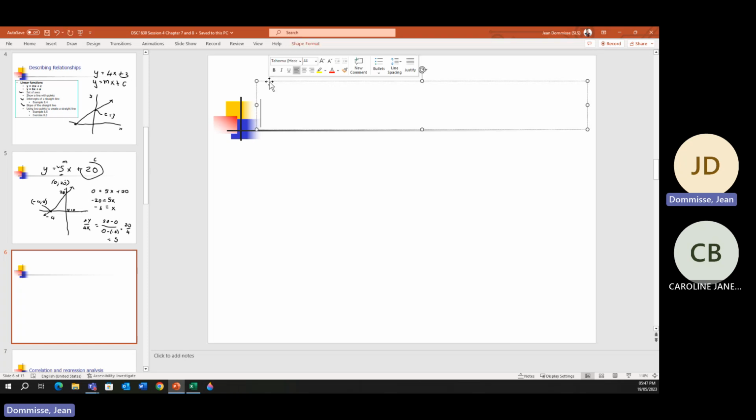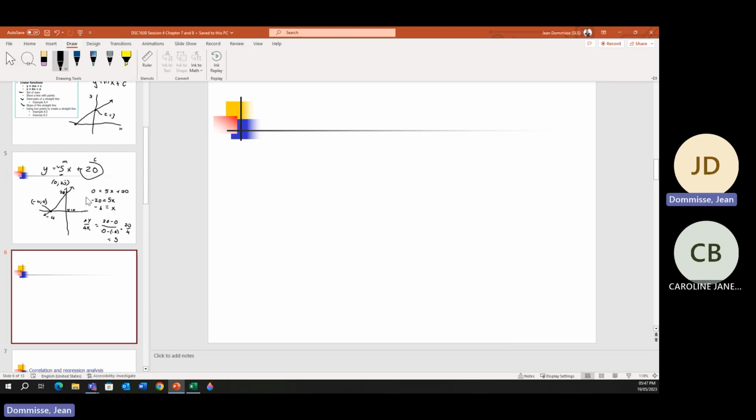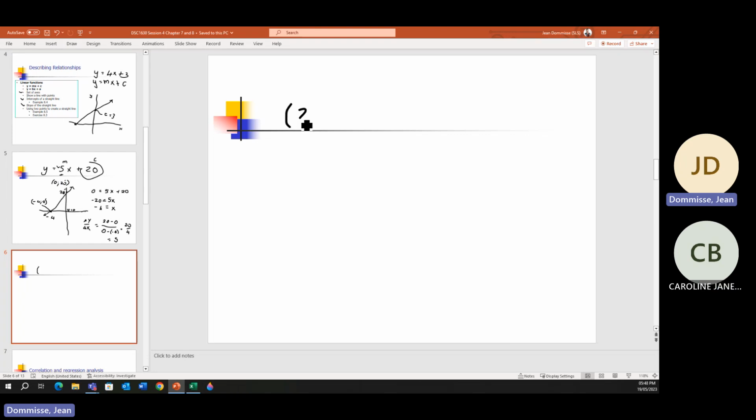So the other thing that they can do is to say, instead of giving you the straight line, I can just say, okay, here's 2 points, and the straight line that you need to get to is going through these 2 points.